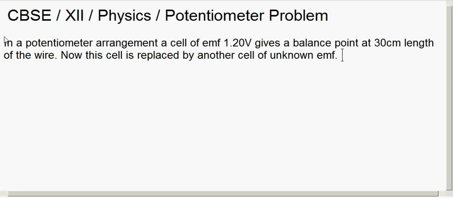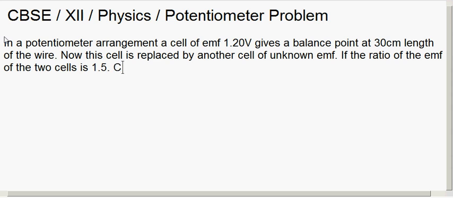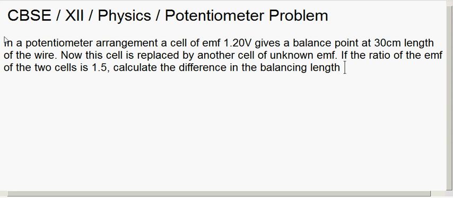If the ratio of the EMF of the two cells is 1.5, calculate the difference in the balancing length of the potentiometer wire in the two cases.